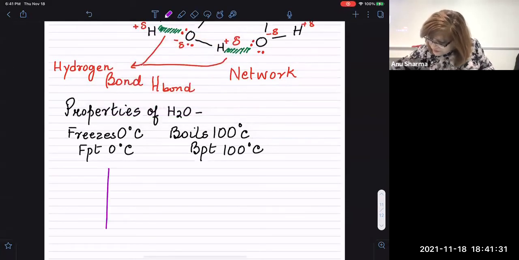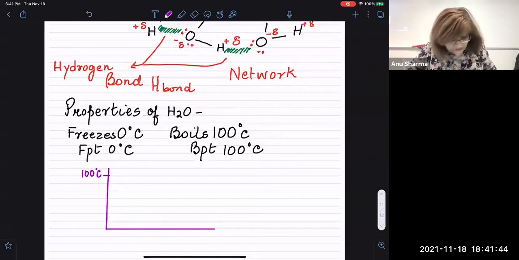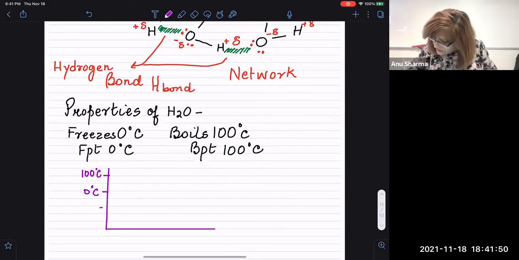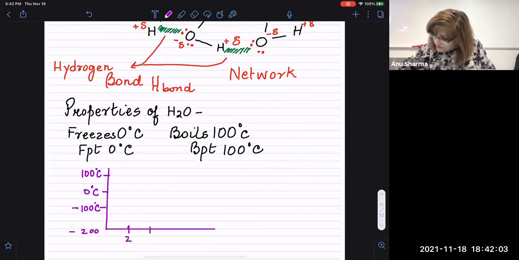Here is 100 degrees, and then this is 0 degrees, and this is negative 100 degrees, and then the bottom one is minus 200 degrees. This is the second period, this is the third period, this is the fourth period, this is the fifth period, and this is the sixth period, and so forth.